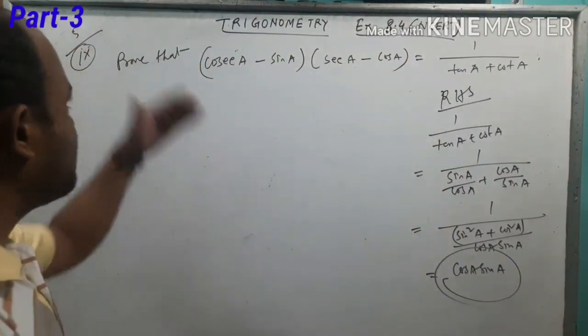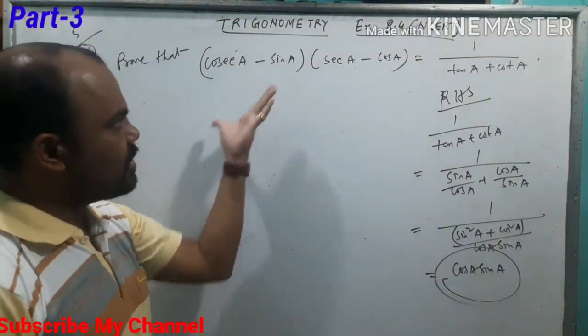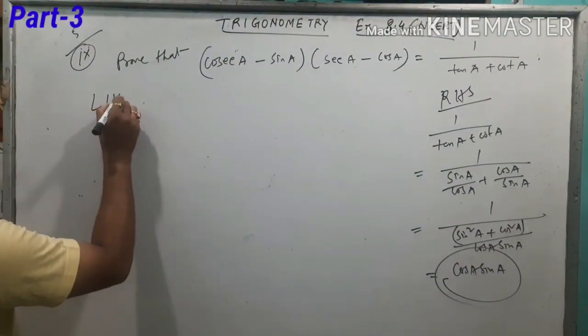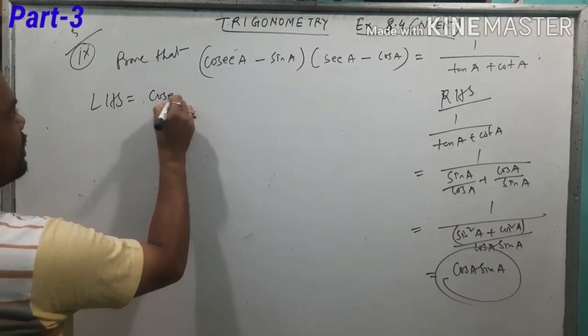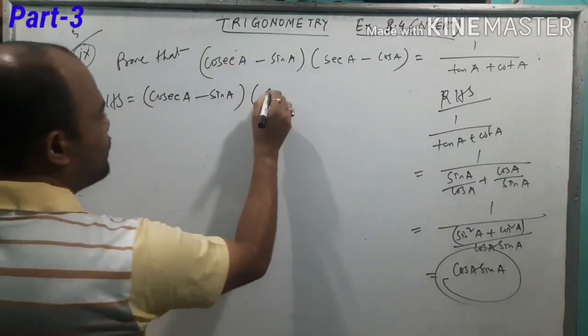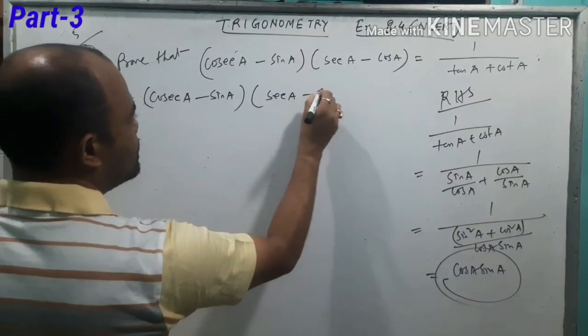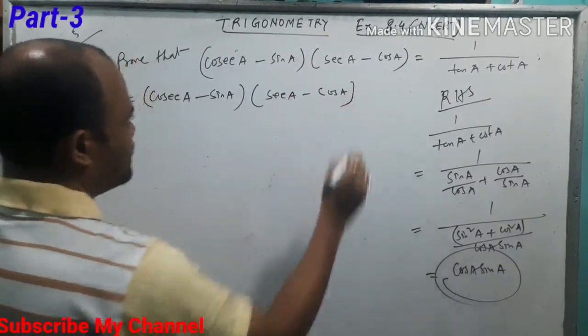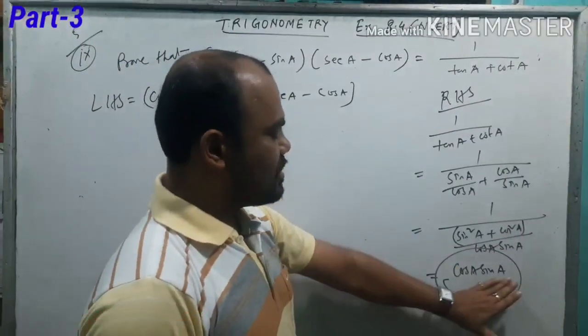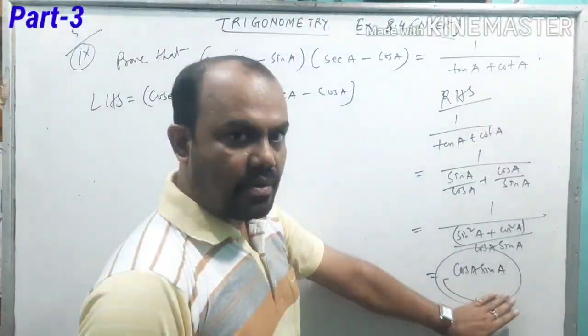Now we try to simplify LHS and try to show that LHS is also equal to cos a sin a. Let us see this. Start from LHS. LHS equals (cosec a minus sin a) into (sec a minus cos a). As up to this we have RHS equal to cos a sin a, where terms are in cos and sin.